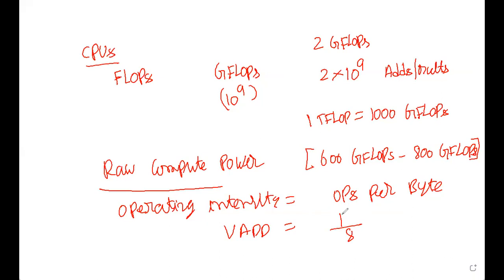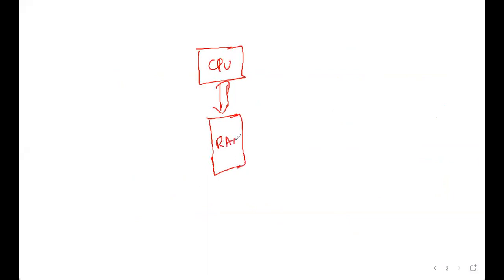And then the next idea is memory bandwidth. Right now we'll come to FPGAs later. Even between a CPU and memory, the CPU does the computations, and the instructions and the data to the CPU are fed by this RAM.